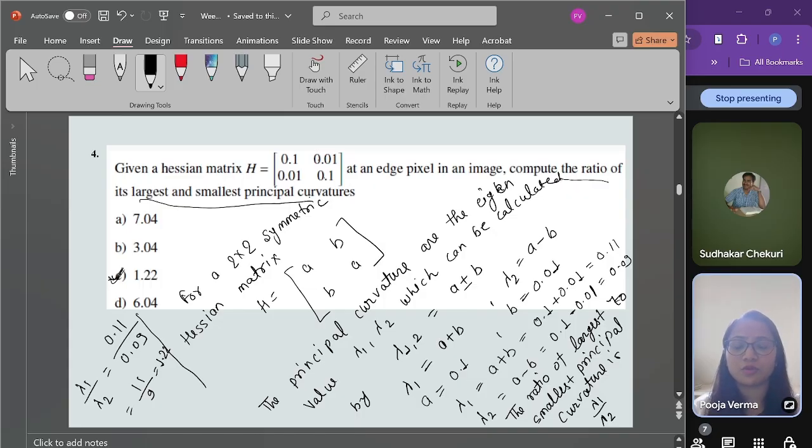From the eigenvalues, which are the principal curvatures of the Hessian matrix, you can directly calculate the ratio of largest to smallest principal curvature. Okay.